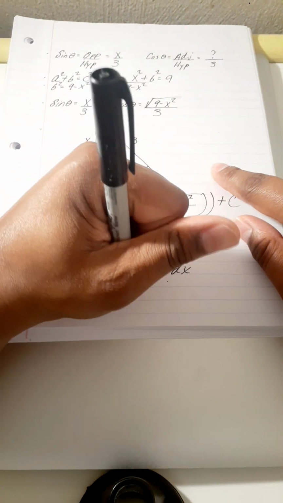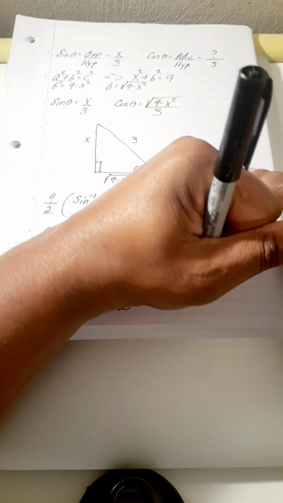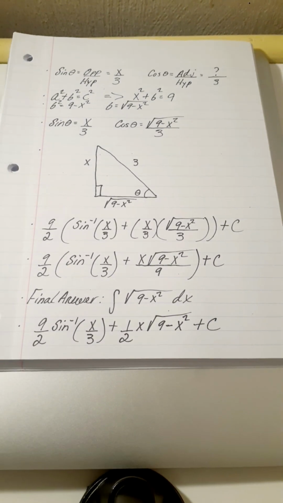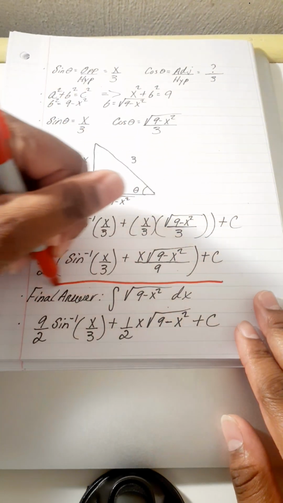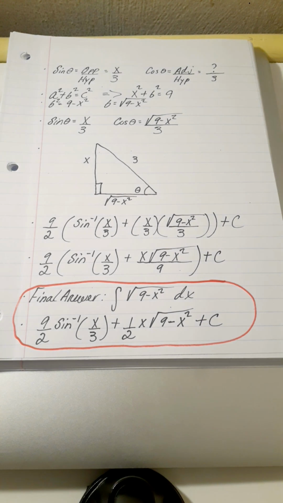I'm going to pull out a 1/2, then tackle my x, and multiply that by the square root of 9 minus x squared, and then I need to tack on a c to my answer, and that is your solution. So let me circle that for you. And that is how you evaluate this integral using trig substitution.